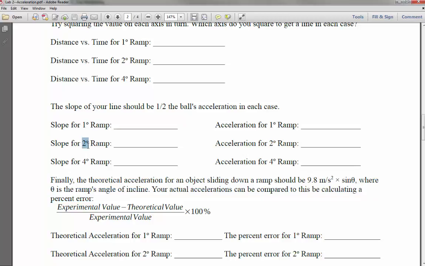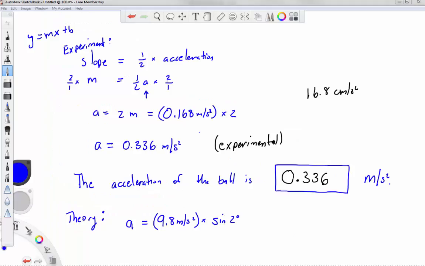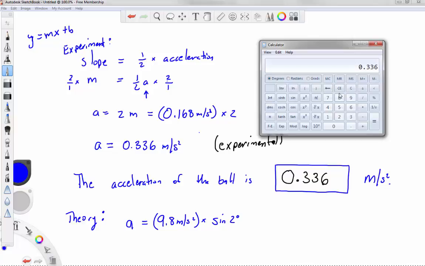So we're dealing with a 2 degree ramp angle. So that means that the theoretical acceleration should be 9.8 meters per second squared times sine of 2 degrees. Okay, so in theory, the acceleration should be 9.8 meters per second squared times the sine of 2 degrees.